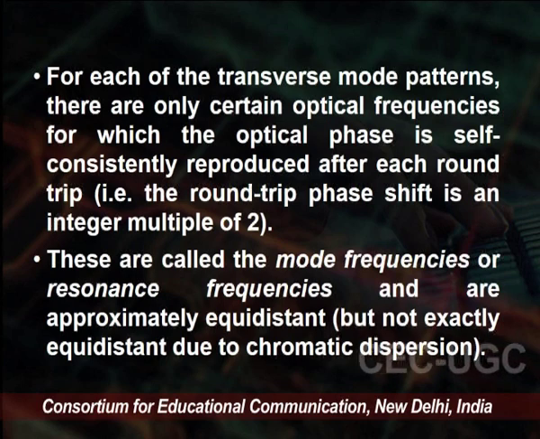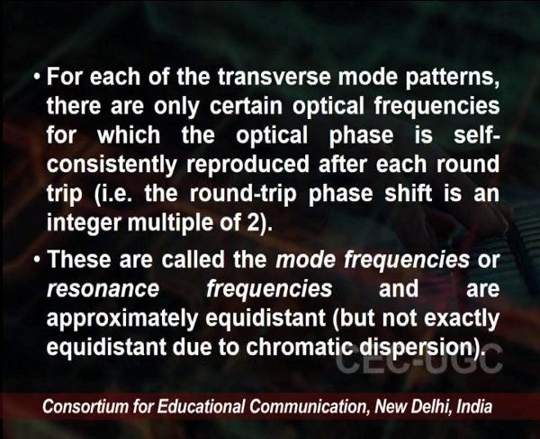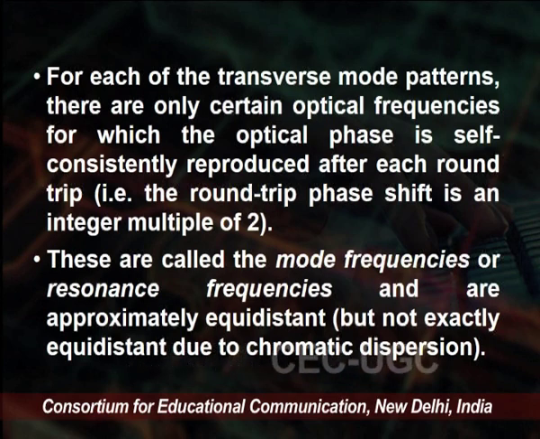That is, the round trip phase shift is an integral multiple of 2π. So, at certain optical frequencies it is self-consistent, and these are called the mode frequencies or the resonance frequencies, and they are approximately equidistant, but not exactly equidistant due to chromatic dispersion.